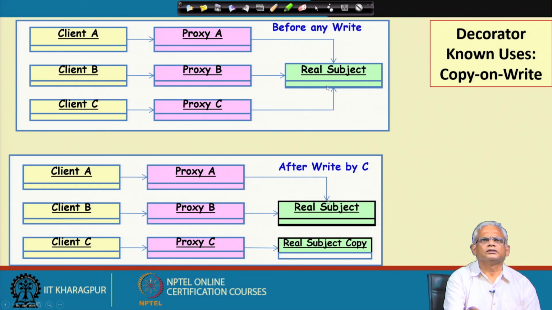Just see here that before any write, the clients are sharing the same object, they are just reading, and through the proxy they access the real subject. But when one of the clients wants to write, it has got its own object. So, proxy C wants to write, and therefore, it has got its own object, and the others are sharing the object.